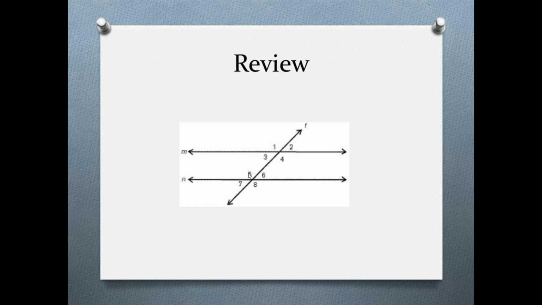The same side exterior angles are 1 and 7, and then 2 and 8. And the same side interior angles are 3 and 5, and 4 and 6. Corresponding angles that we just looked at examples of would be 1 and 5, 3 and 7, and over on the right hand side, 2 and 6, then 4 and 8.